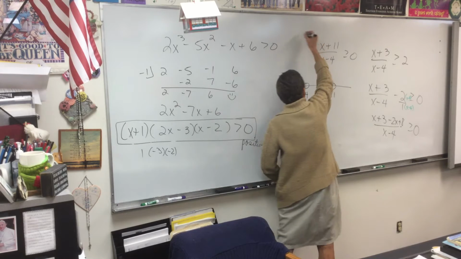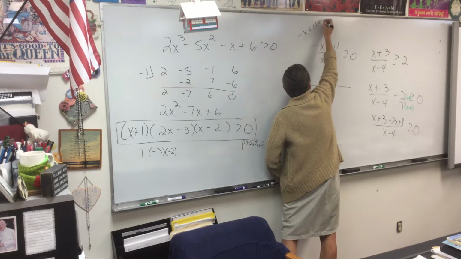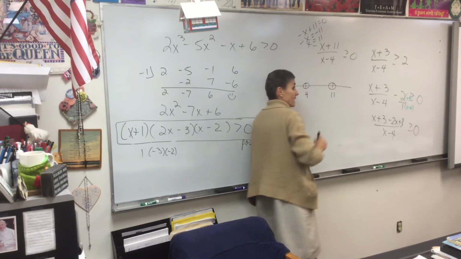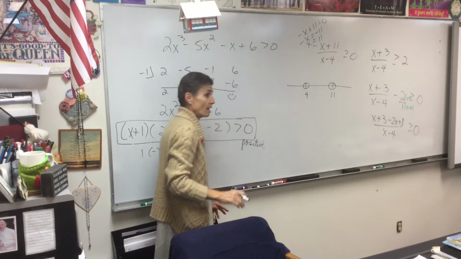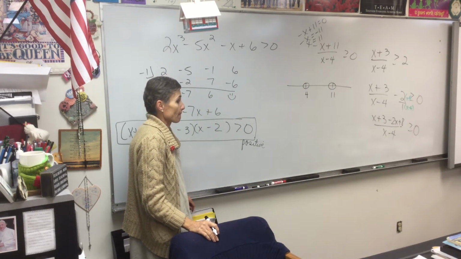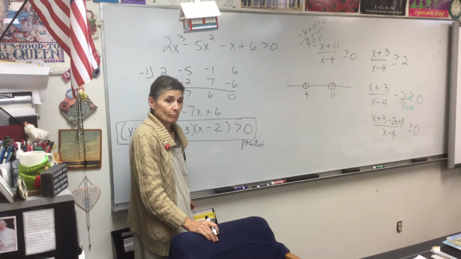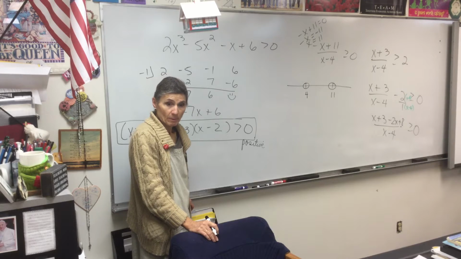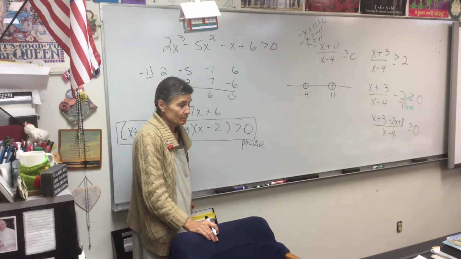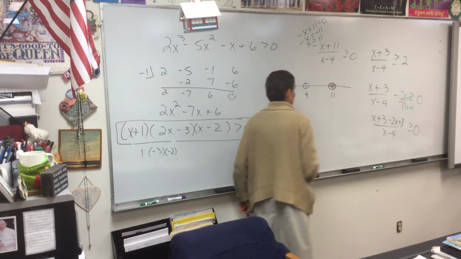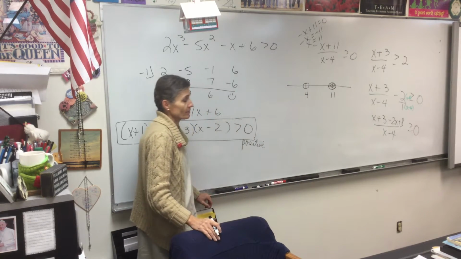But if the numerator dot's giving you trouble, then actually set it equal to 0 and solve it. That will tell you where to put the dot. All right? Now I'm going to blow your mind. I'm going to color in the 11 dot, but I'm not going to color in the 4 dot.